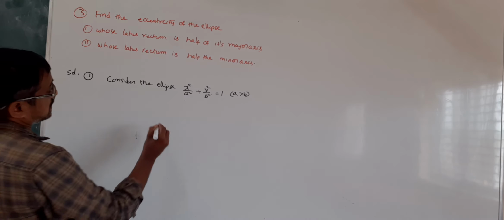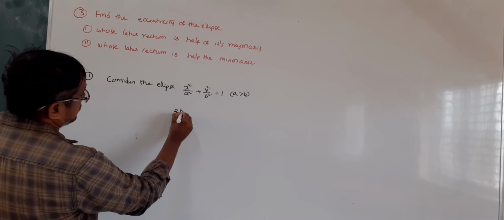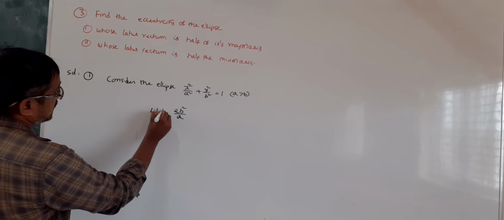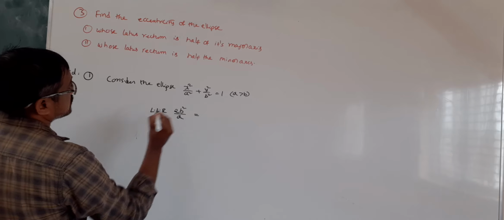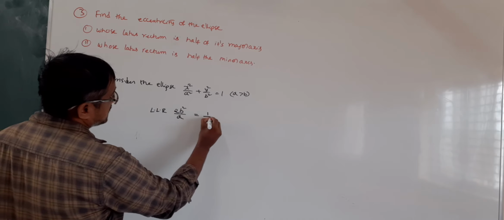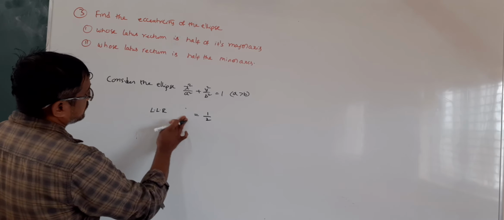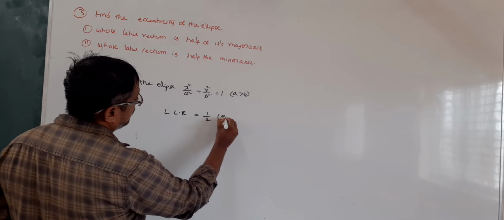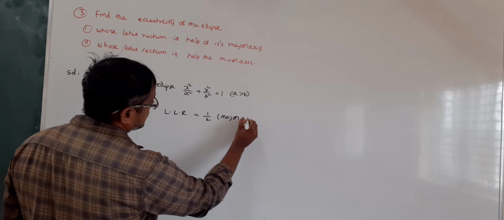It is given that the length of latus rectum, 2b square by a, is equal to half of its major axis.